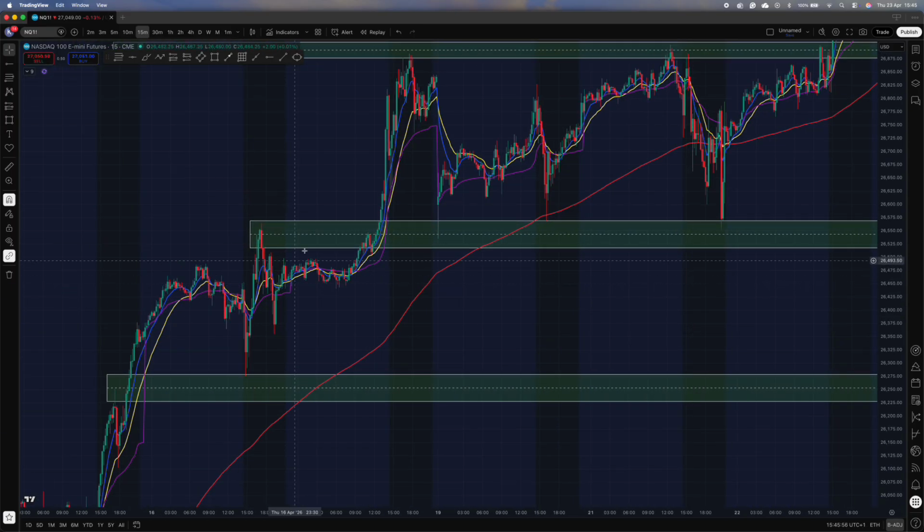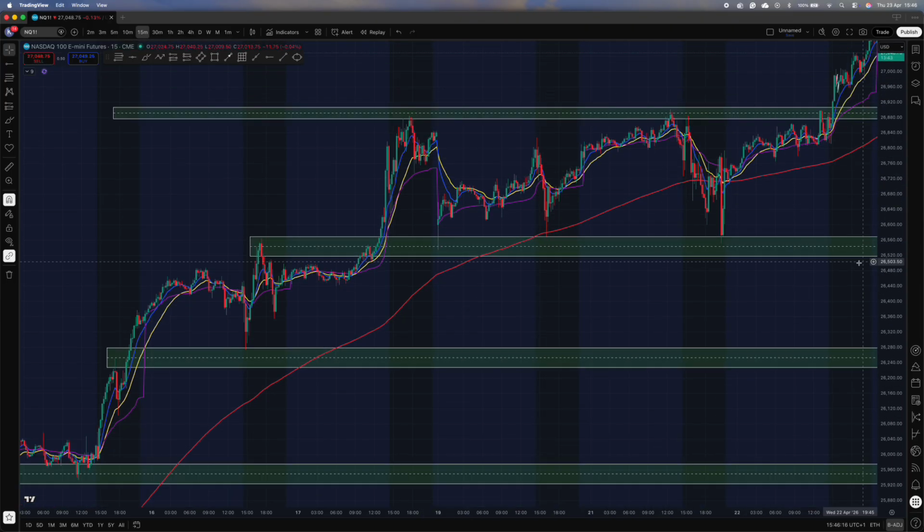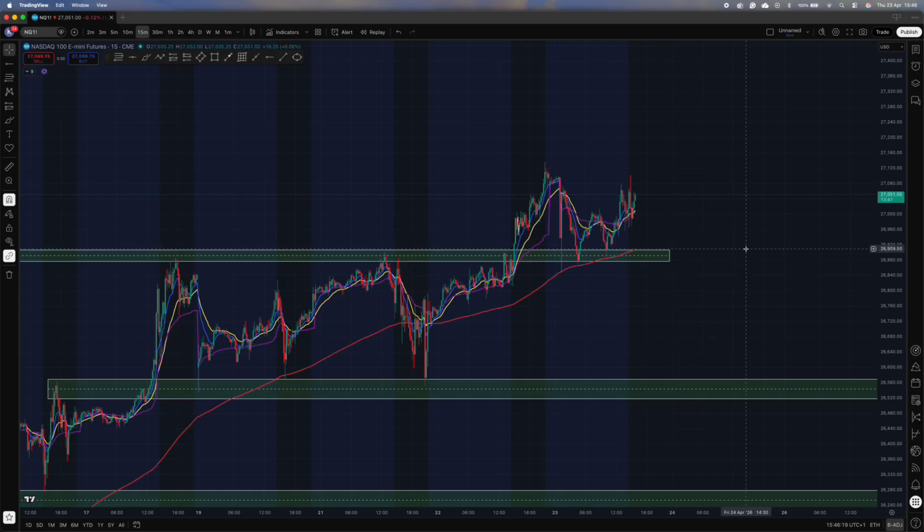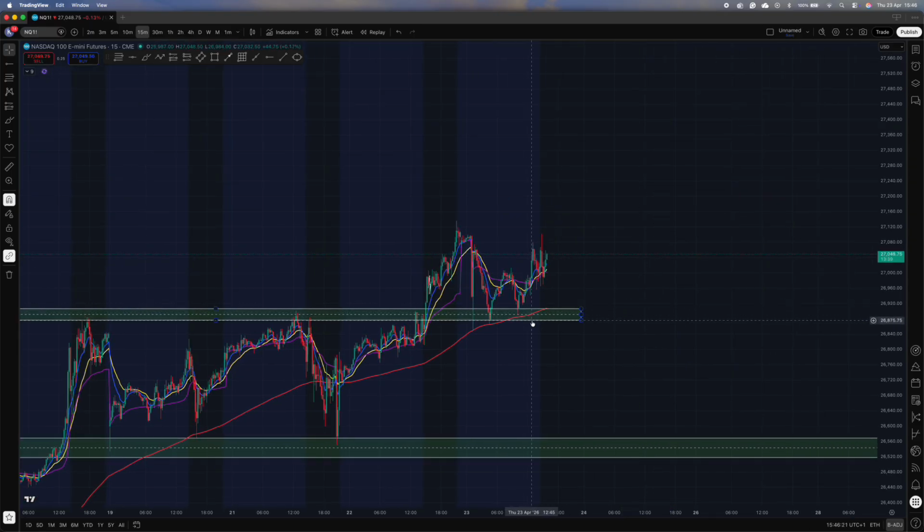The second time it came into this area, it respected it once. It respected it one time here, twice here, 3 times here. And so we have to respect these supply and demand levels when they occur. And now we're at all-time highs right now.